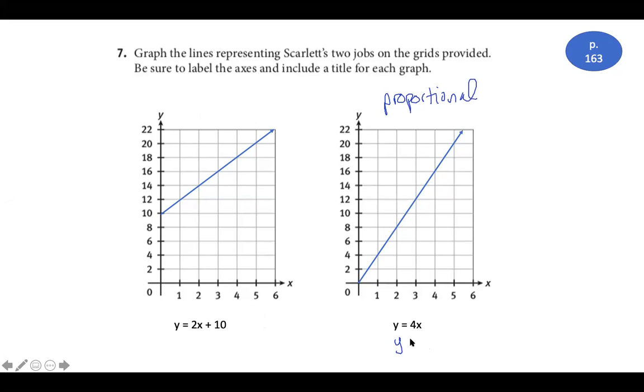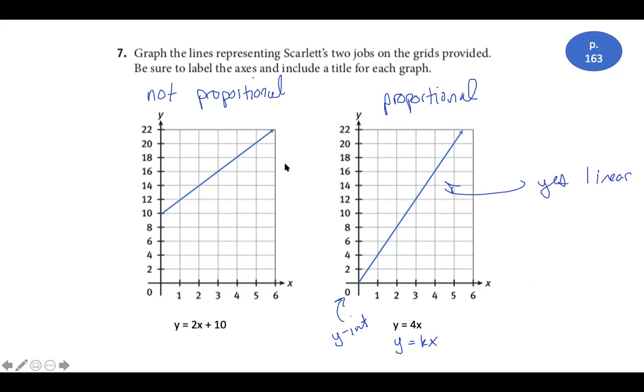Does that not look like y equals kx to you, where k is 4? Yeah. Look at the y-intercept. Is it 0? Yes, the y-intercept is 0. Look at the line. Is it straight? Yes. This is a linear graph. This is not proportional. It is a straight line, which is great, but it does not go through 0, 0.